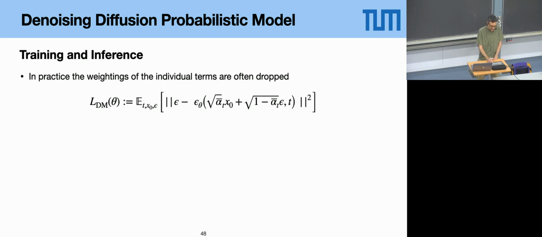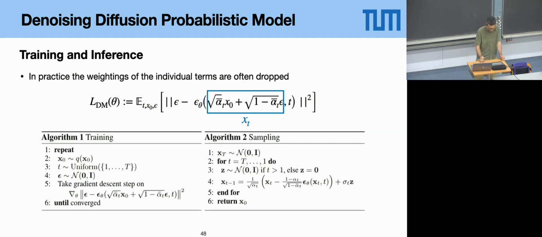The typical formulation that's used in practice is actually minimizing the expectation of these noise values by dropping the additional term. And I can also now show the actual training schedule after all the reformulations.